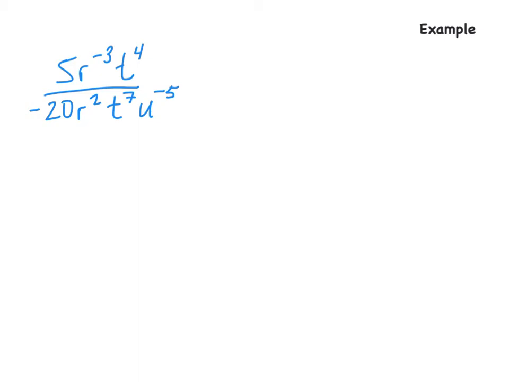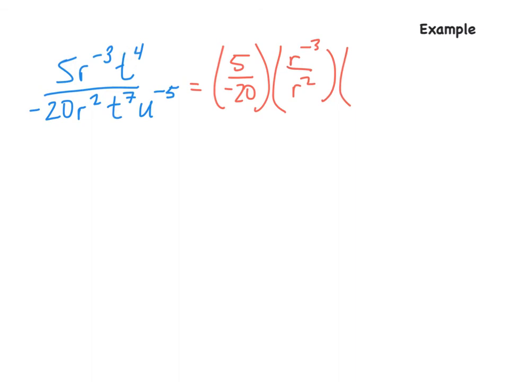Okay, so I'm going to break this down piece by piece to begin with. We have our whole numbers, so I can just break this up as 5 over negative 20. That's the first thing. Now I have the r's: r to the negative third over r to the second.